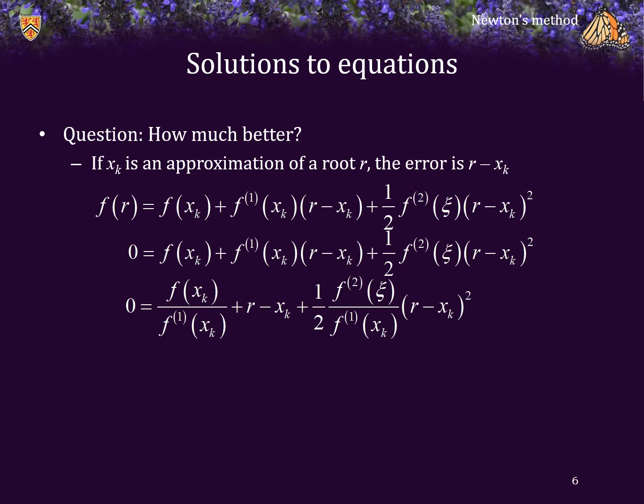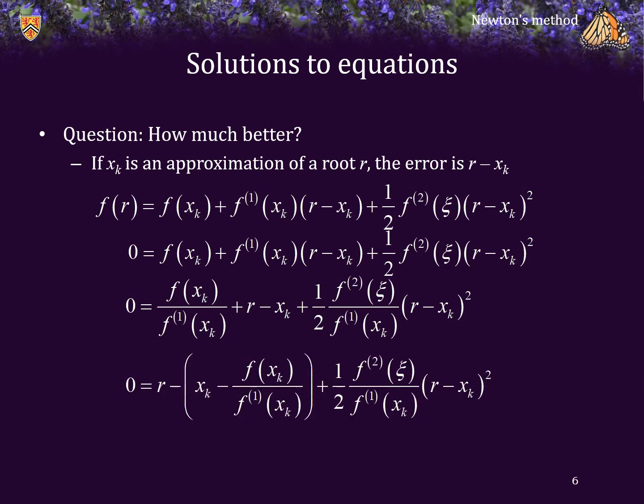So now we're left with this expression here. Well, wait a second. Taking a look at this, we can rewrite this as follows. We can rewrite it as r minus this particular expression plus an expression times r minus x sub k all squared, and that is equal to 0.